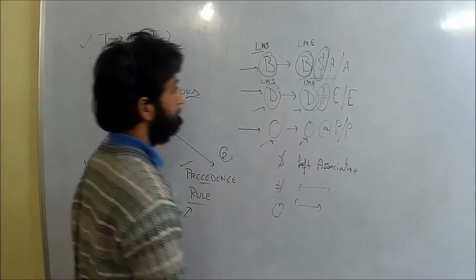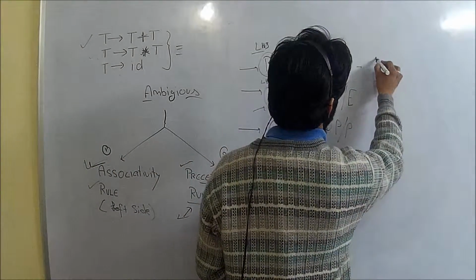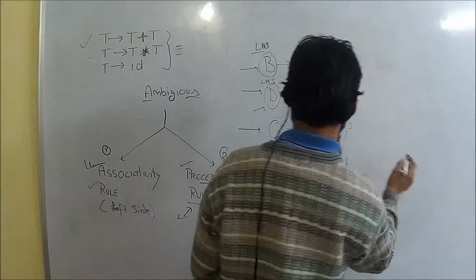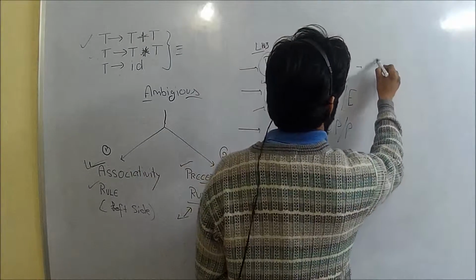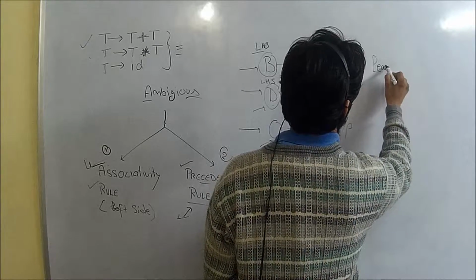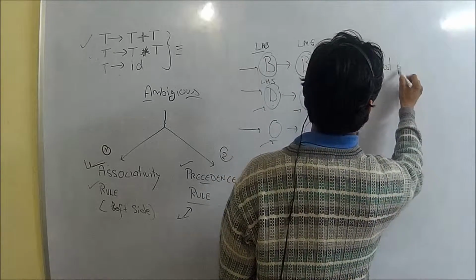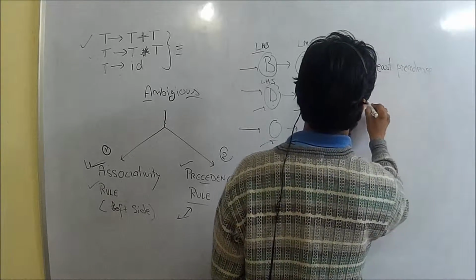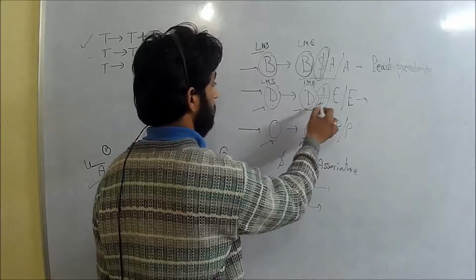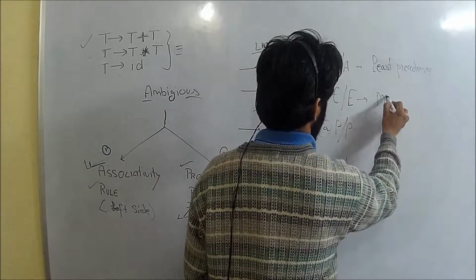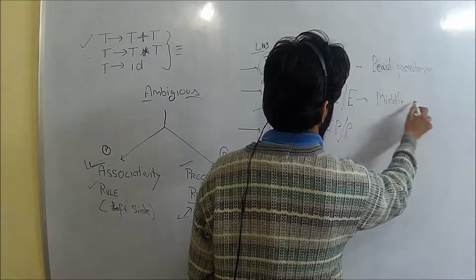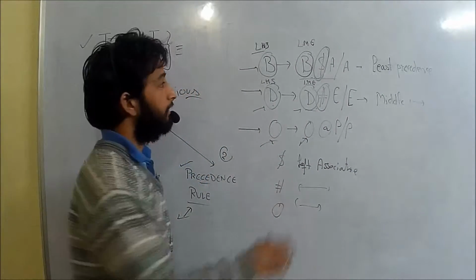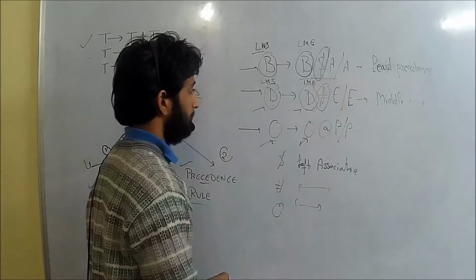Then label 2 means hash has middle precedence, or we can say higher precedence than dollar.